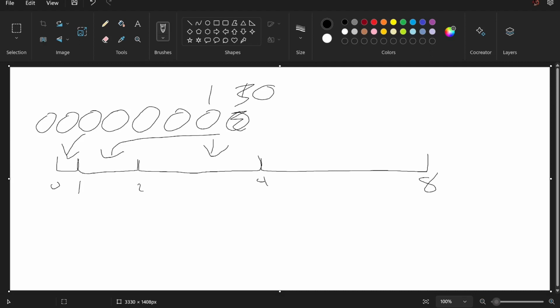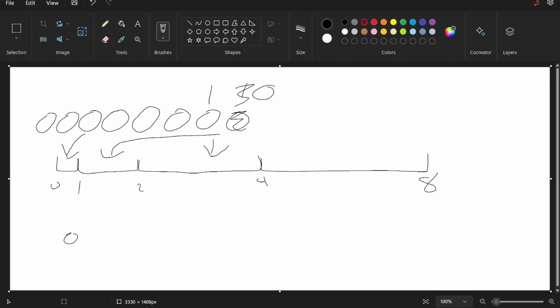So we make these bins of various sizes, we use the bits to determine what bin it is, and then we use the sign to determine whether it's positive or negative. And the bins are in powers of 2.